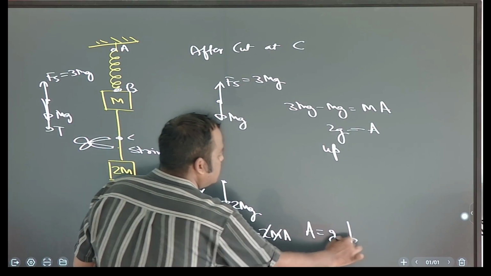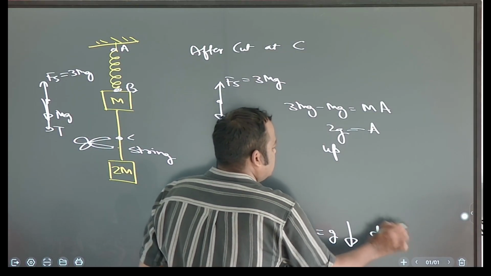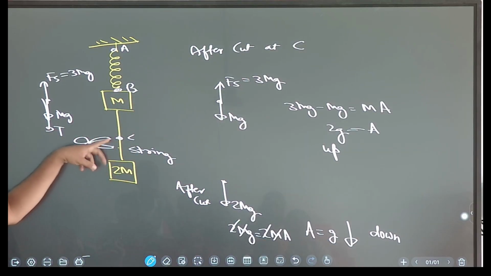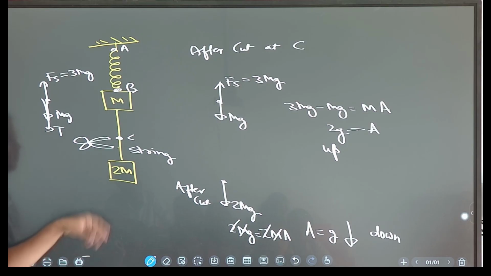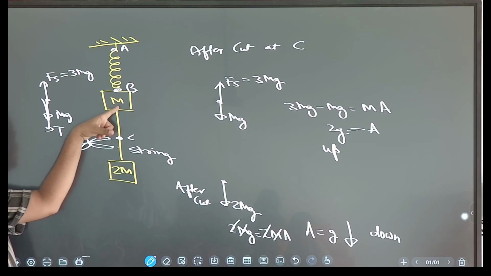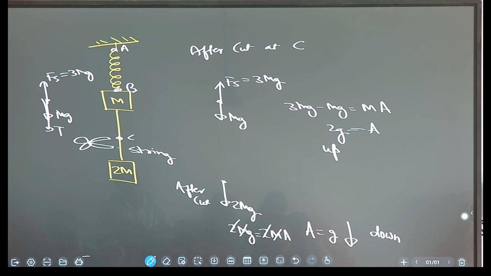Downward. Okay, note down. So when string is cut, acceleration of 2m is g downward. Acceleration of m is 2g upward. Okay, clear? So note down.